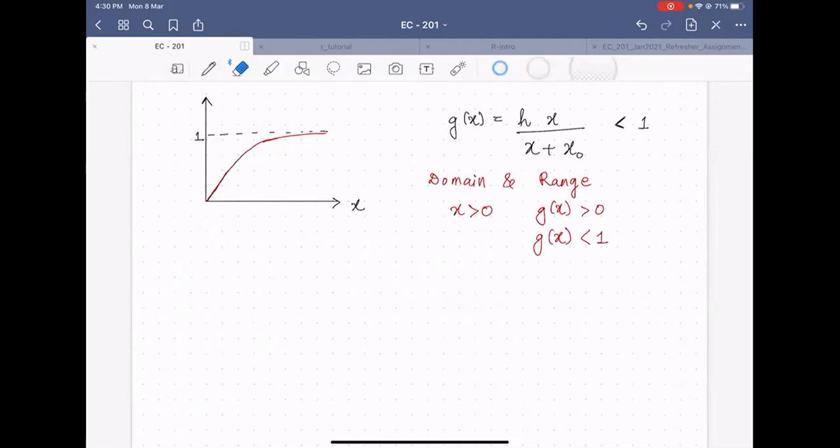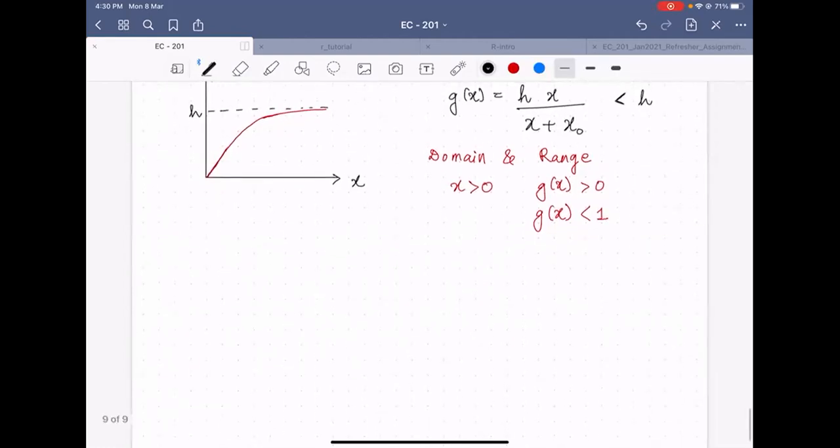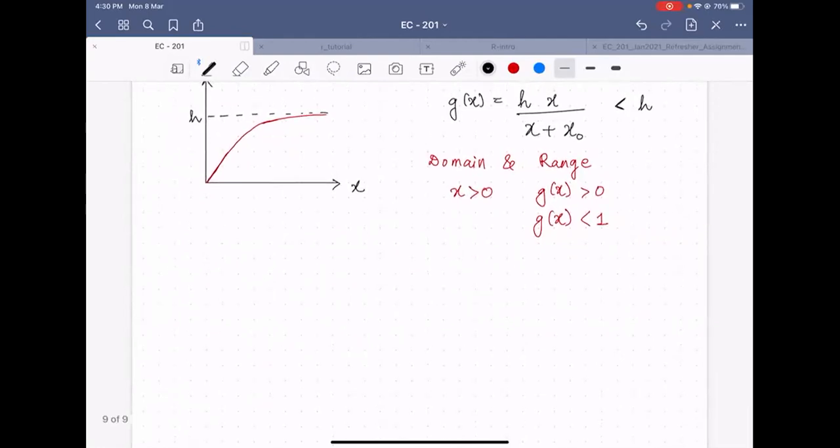Yes, instead of 1 here, this would be some h. So the function would try to reach the value h instead of 1. Equilibrium will come in; I think that is something Vishu will cover in the next class.